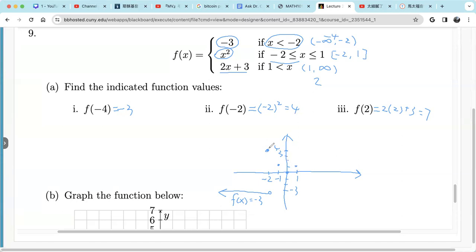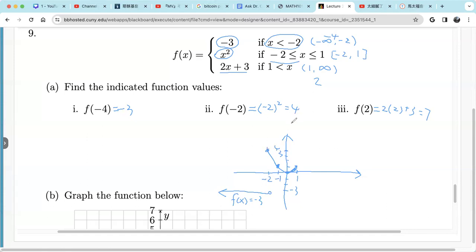So we graph smoothly, roundish. And that's it, just from -2 up to 1, to have this piece. You see, those two pieces are disconnected.